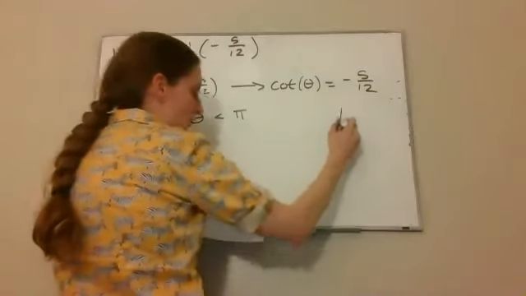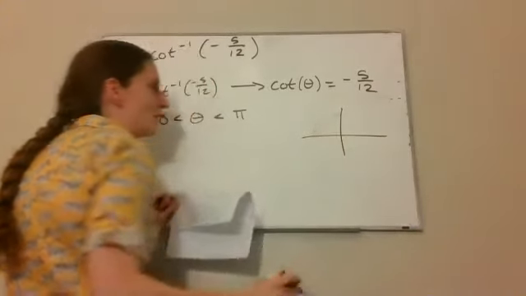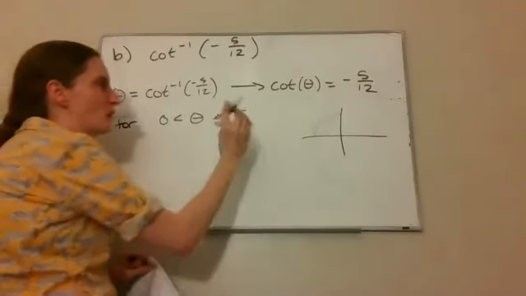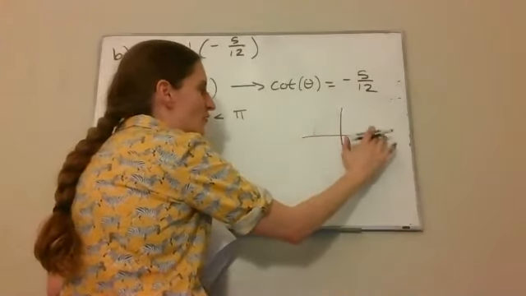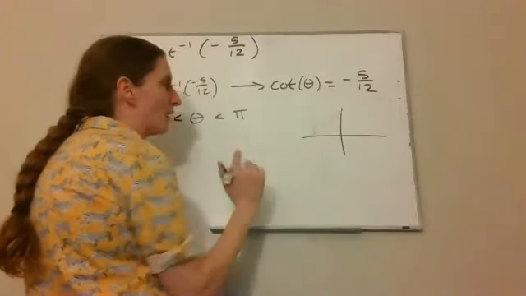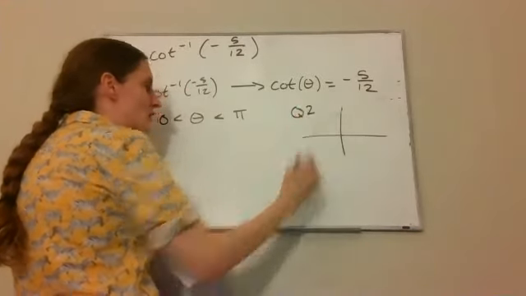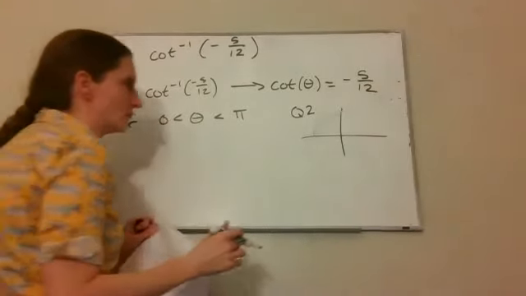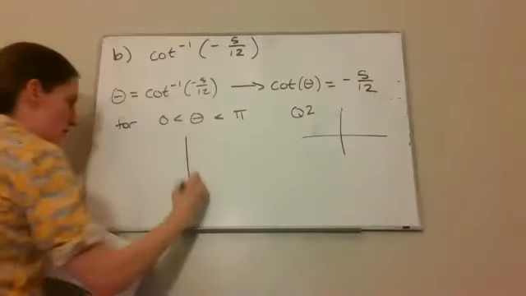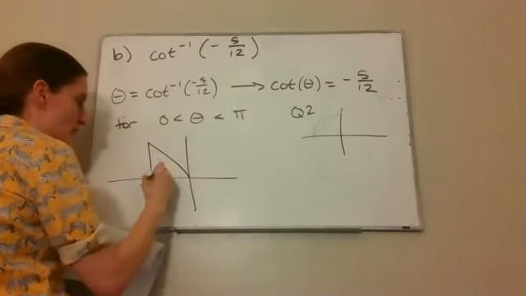Now take a second and look at what that looks like. If I'm between 0 and pi, we're talking about this region up here. But my cotangent being negative means it can't be in this first quadrant because sine and cosine are both positive over there. So this tells me I have to be in quadrant 2 for this particular angle. So since I'm in quadrant 2, let me just draw a triangle over in quadrant 2.